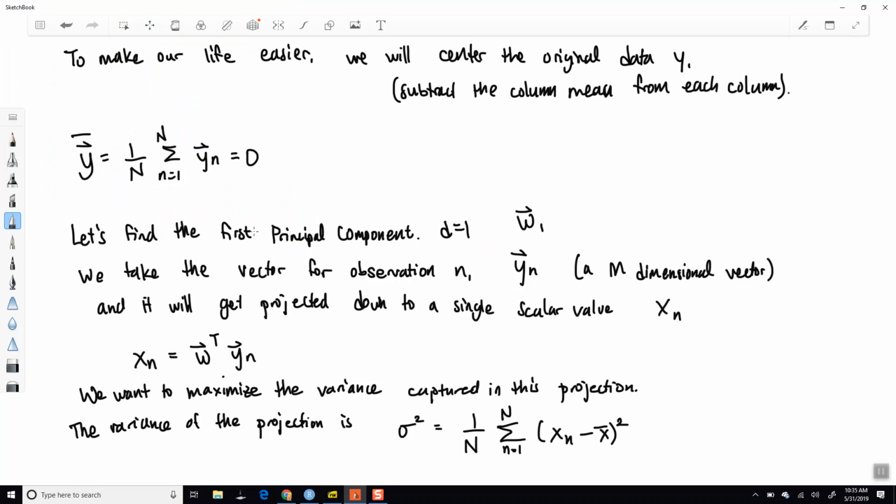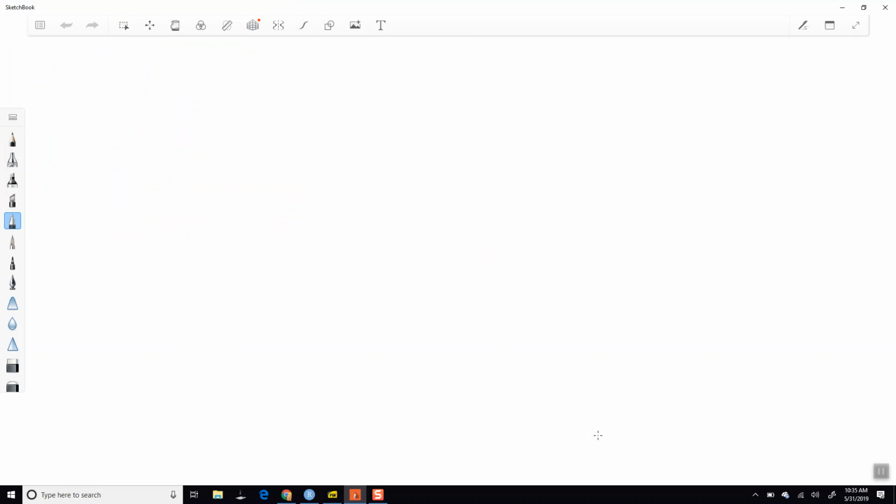All right, what is the value of x bar? Recall that we assumed, or forced, the mean of our y to be 0.